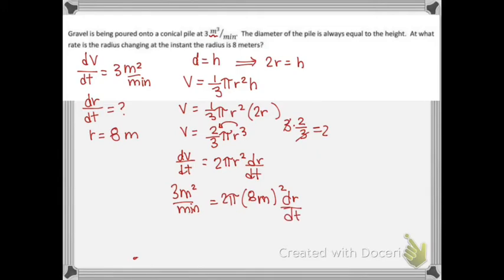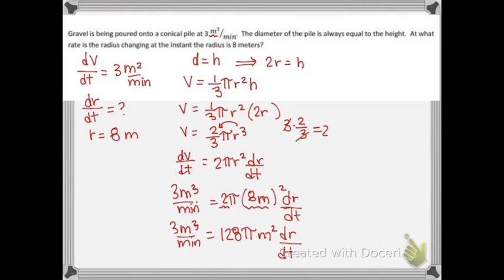Okay, so I think we'll just simplify the right-hand side a little bit, and then we'll divide. So in the parentheses, we're squaring that 8. So 8 squared is 64, and then times the 2 in front gives us 128 pi meters squared dr/dt. Oops, I'm sorry, on the left-hand side is supposed to be 3 meters cubed per minute.